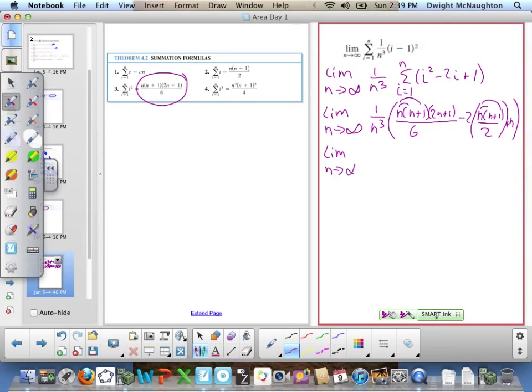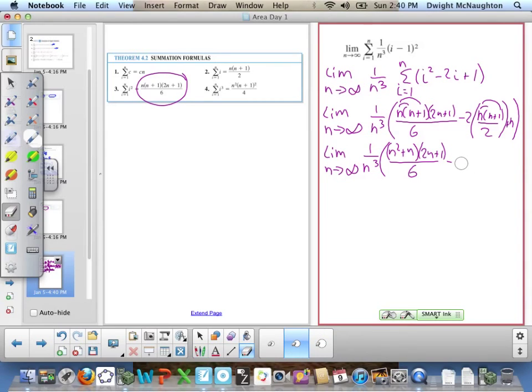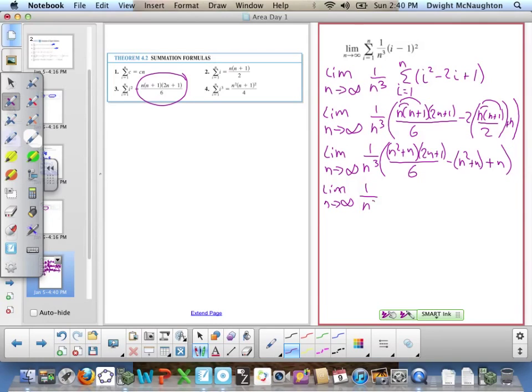So we'll have the limit as n approaches infinity, 1 over n cubed. We'll have n squared plus n times 2n plus 1 over 6 minus, well, the 2's will cancel. So it will be n squared plus n plus n. All right, we'll distribute some more. The limit as n approaches infinity, 1 over n cubed.